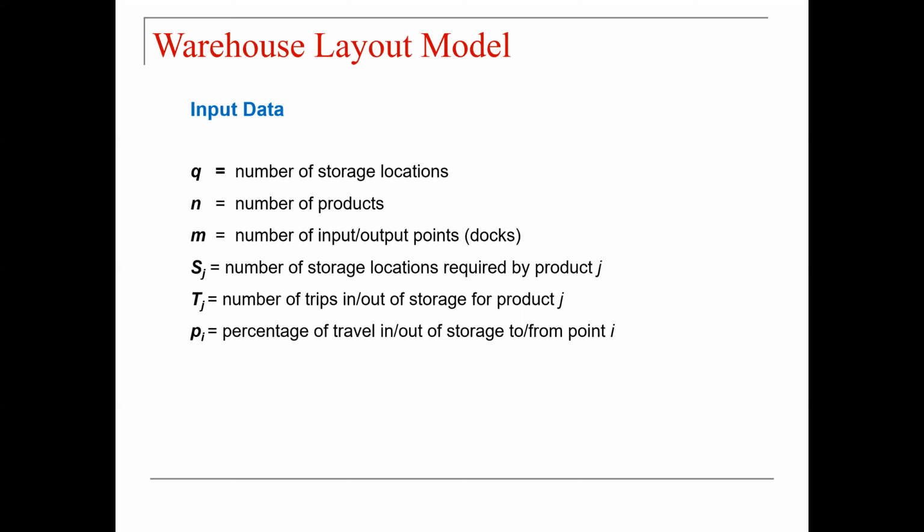So basically, for each product, what is the percentage of travel happening into the warehouse, and what is the percentage of travel happening out of the warehouse? In most cases, you expect the same amount of product that goes in to be the same amount of product that goes out. So that probability will be 50% for each product.